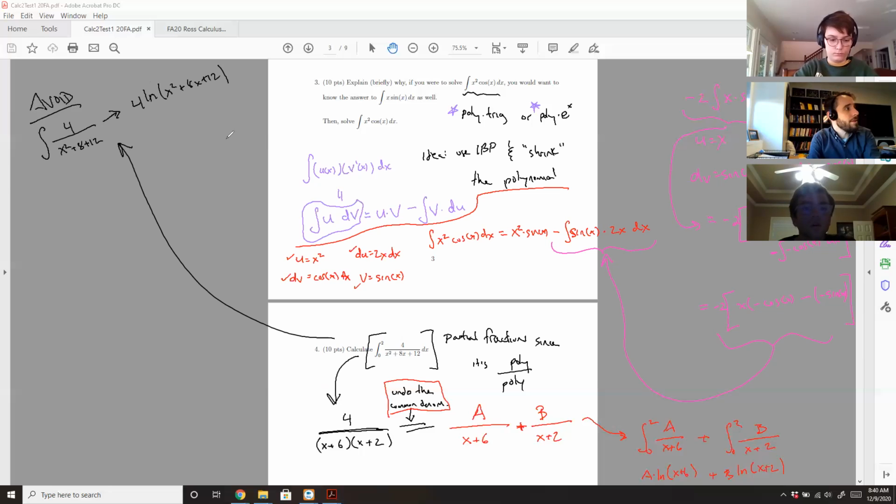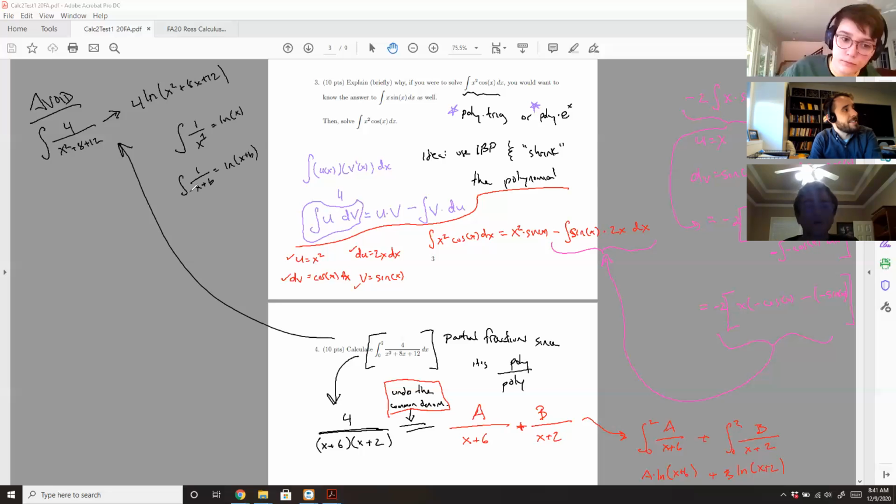As a reminder, the only time we can use an ln is if we have just a single x, so an x raised to the first power in that denominator. That would become the ln of x. And then through u substitution, if we have the integral of 1 over, let's say, x plus b, that just becomes ln of x plus b.